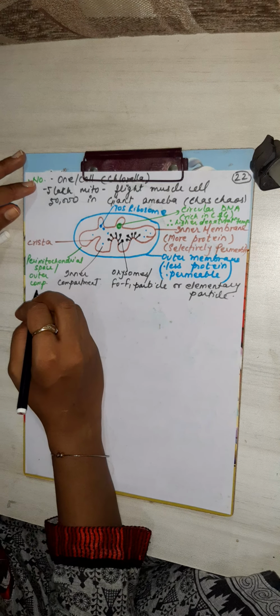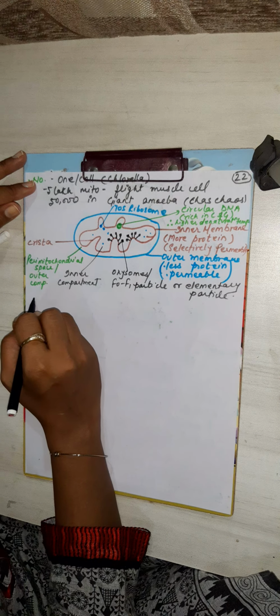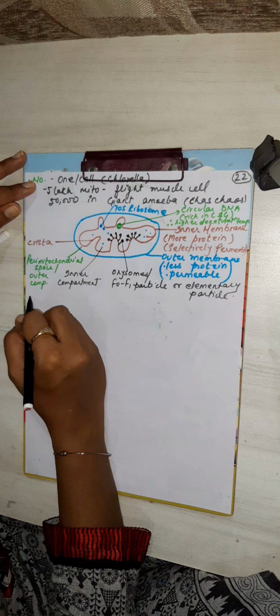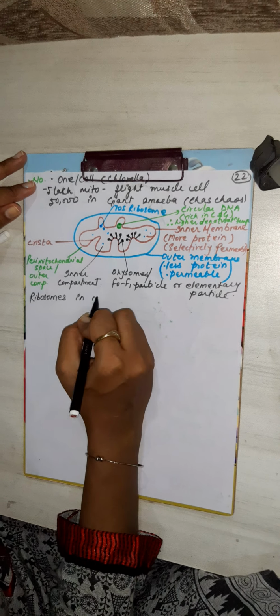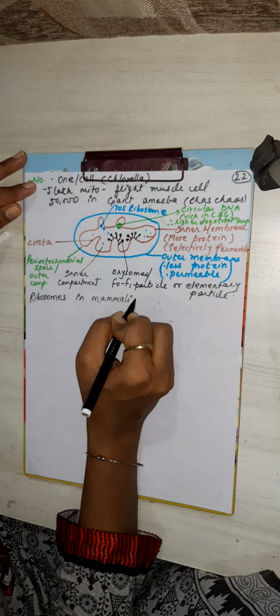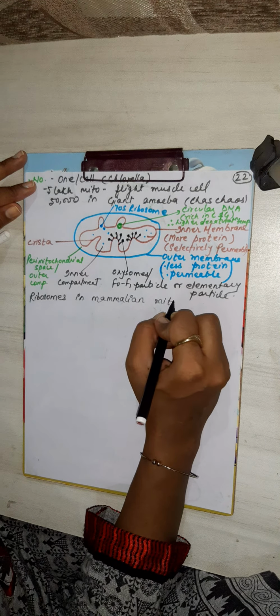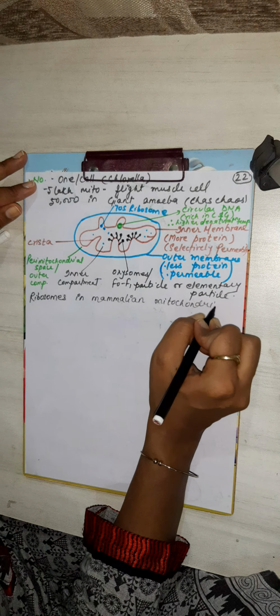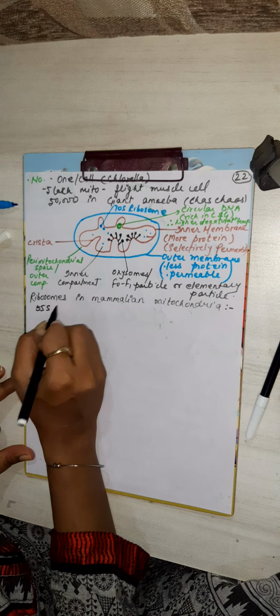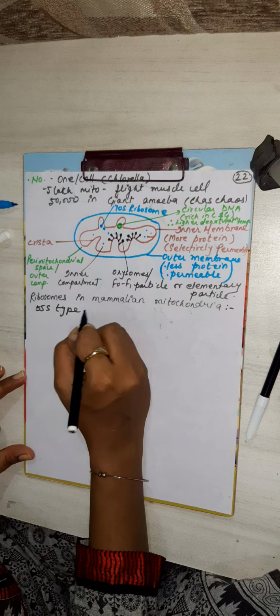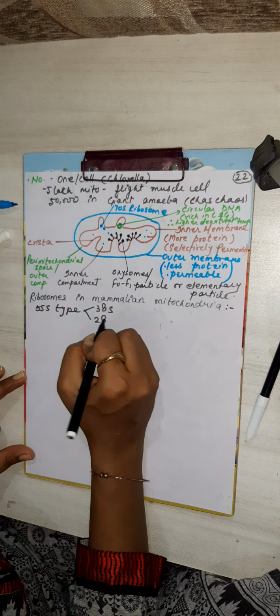Next point, remember, ribosomes in mammalian mitochondria are 55S type, made of 38S and 28S.